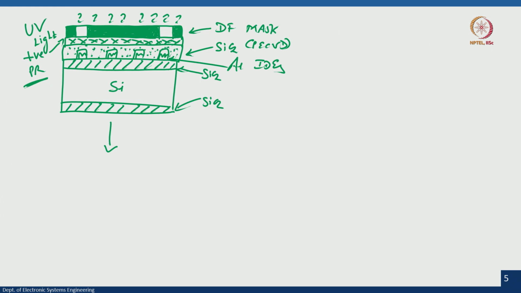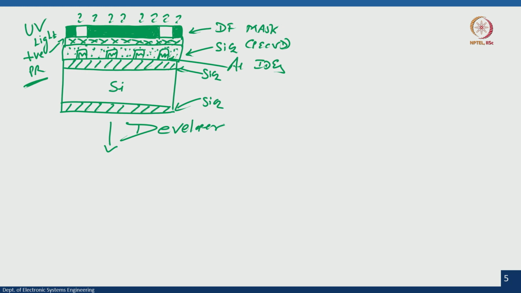Now, when I say that we will spin coat the photoresist and load the mask, it is assumed that we will perform the soft bake, which is a 90 degree centigrade, right, 1 minute on hot plate. Then when we expose it, what will happen? The unexposed region will become stronger and the exposed region will become weaker. Why? Because we are using the positive photoresist.